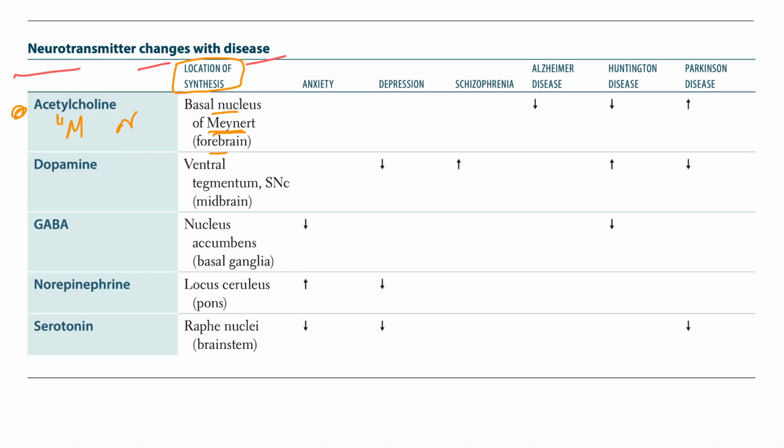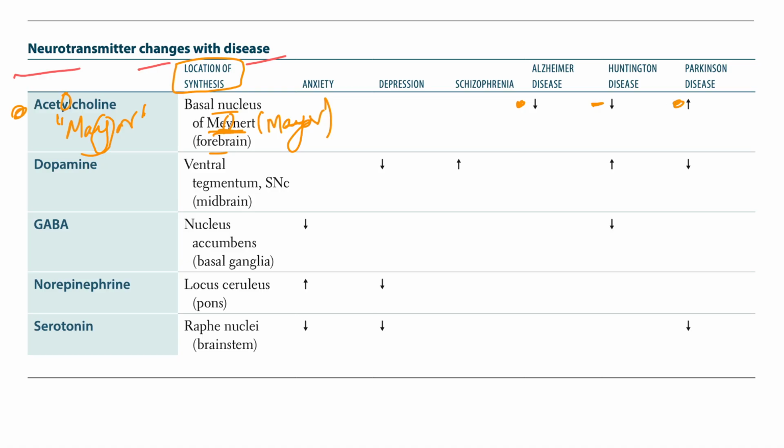Y for acetylcholine, Meynert for mayor. The only thing that you want to know is, in the forebrain, it is acetylcholine and it is the Meynert. Important thing. So it is decreased in Alzheimer's, high yield, and in Huntington, and increased in Parkinsonism.